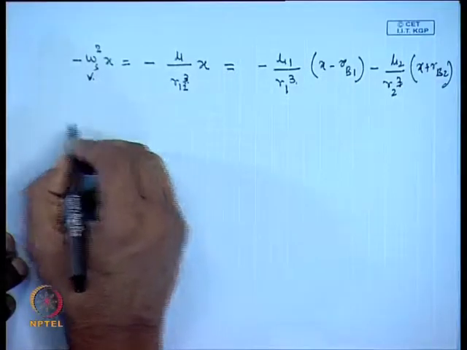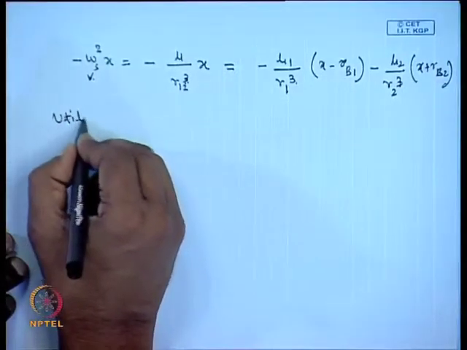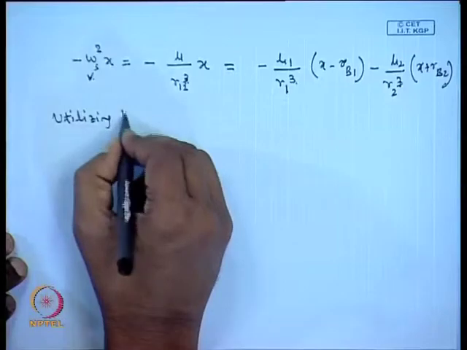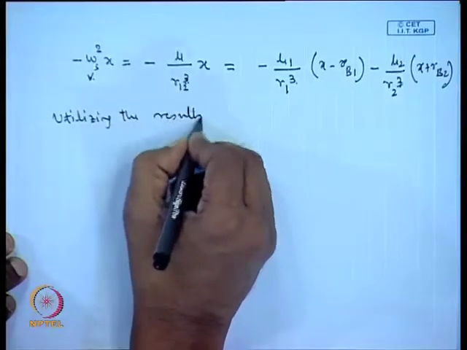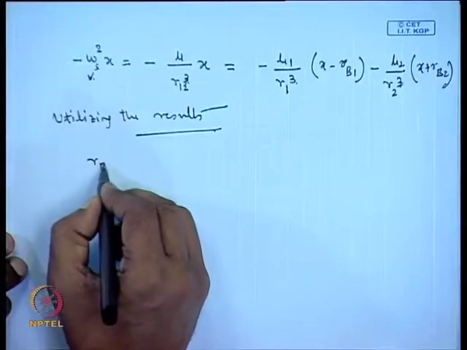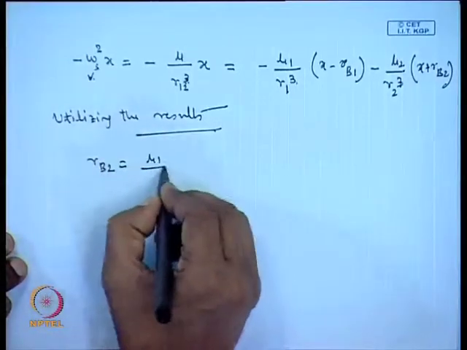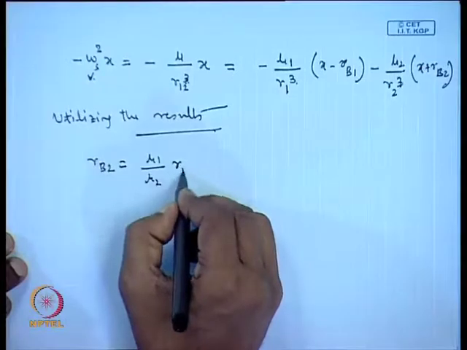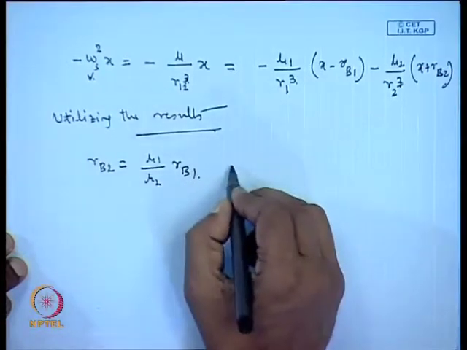Now, utilizing the results, Rb2 equal to mu1 by mu2 times Rb1, this we have already derived.